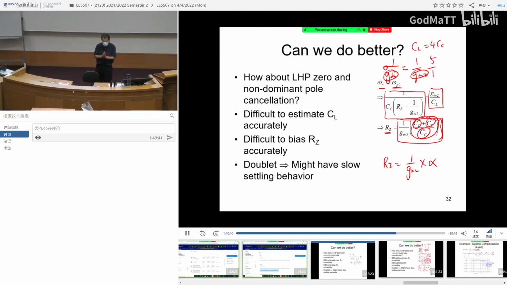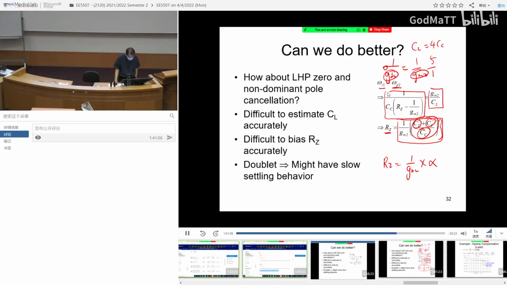Which means, if you are not able to make them exactly equal, you might not be able to cancel them fully. If you are not able to cancel them fully, you might have trouble. That will give rise to the so-called doublet. So the doublet arises because we cannot fully cancel them. They appear to be fully cancelled, but it's not fully cancelled.